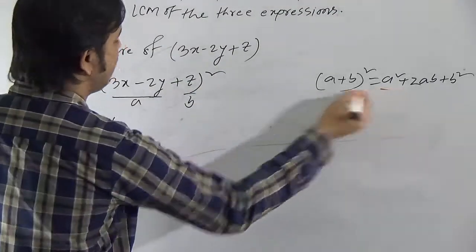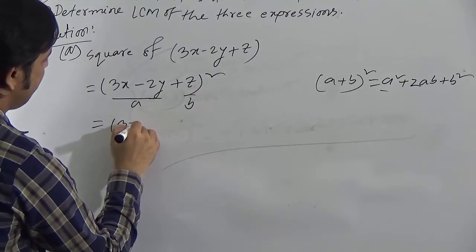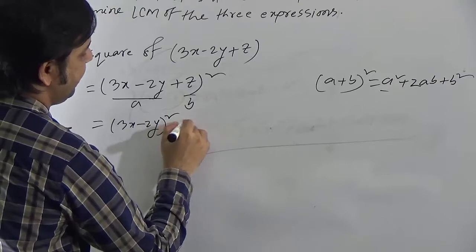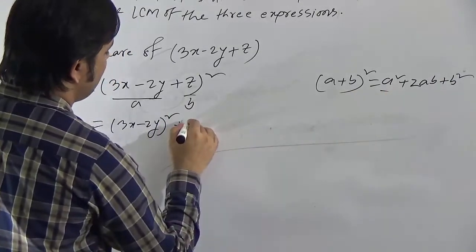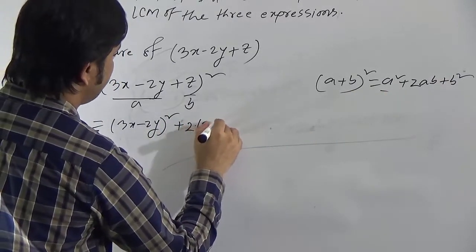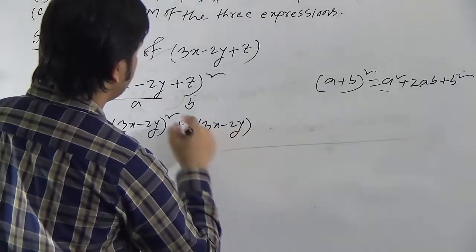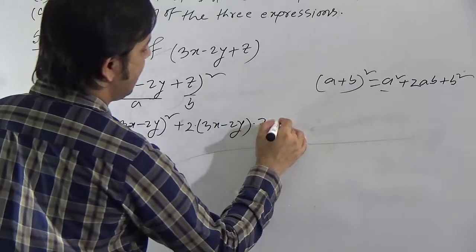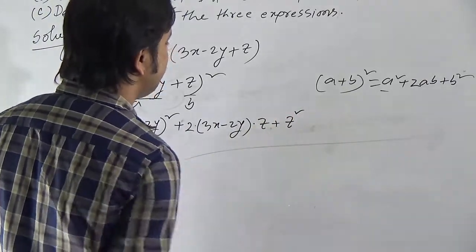A square means 3x minus 2y whole square, plus 2, a means 3x minus 2y, b means z, 2ab plus b square. B square means z square.